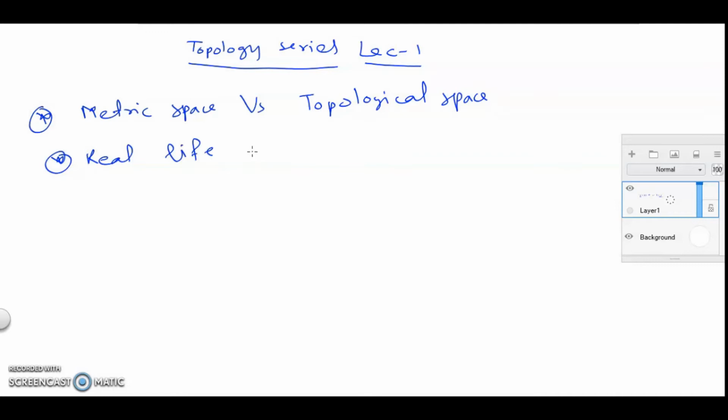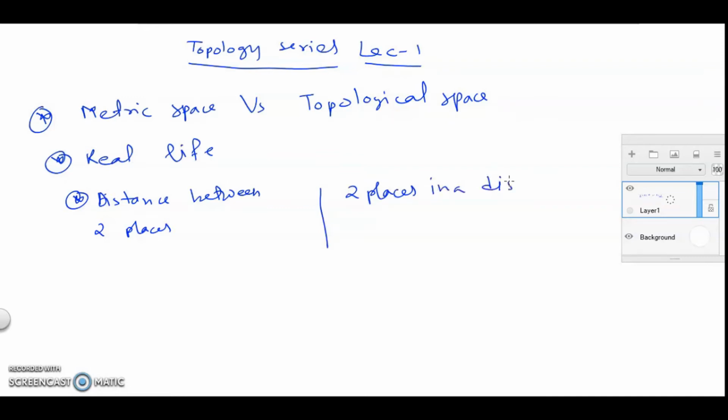But there is a vast difference between these two statements. In one we are speaking about distance, and in the other we are speaking about neighborhoods. So one is the distance between two places, and the other is two places in a district.